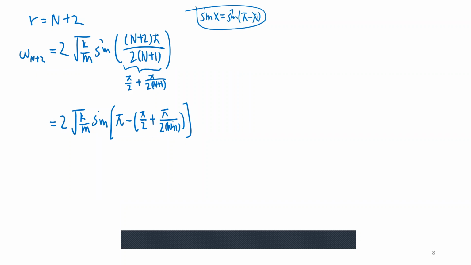If you again combine all the terms, you will get n pi divided by 2 times n plus 1. But this is exactly equal to omega n.